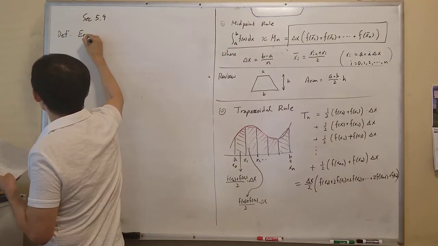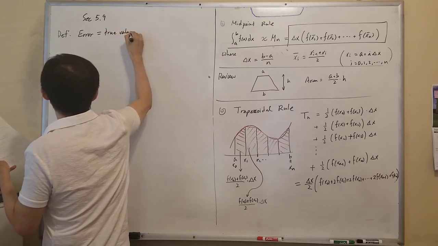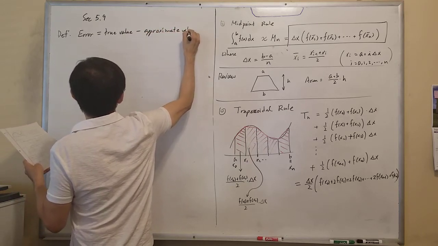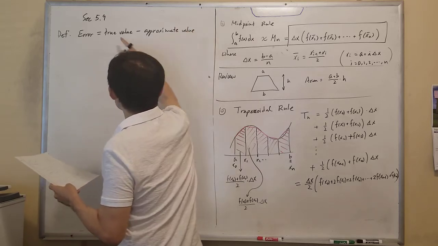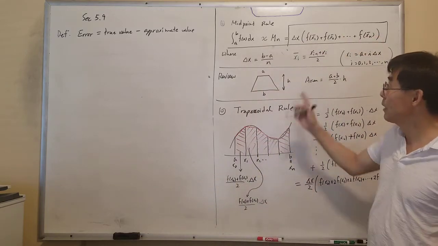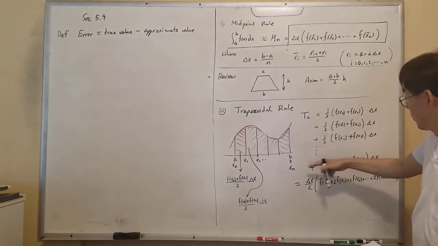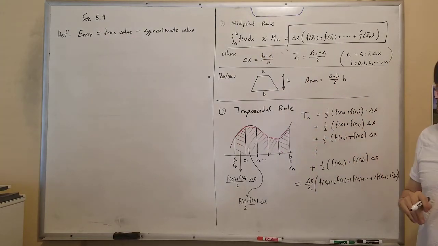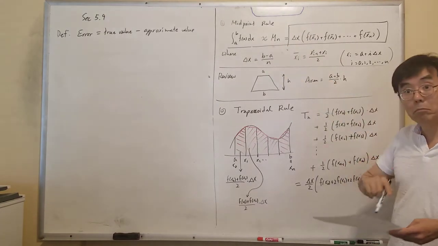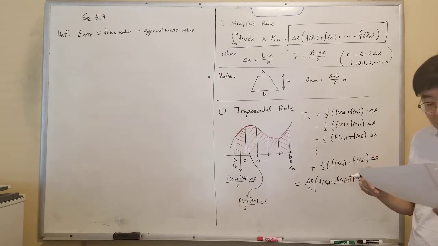The error is nothing but the true value minus the approximate value, like the exact integral value minus the midpoint rule value. That would be the error from the midpoint rule. Now, the true integral value minus the trapezoidal rule value will give you the error for the trapezoidal rule. And the larger the n, the smaller the error we expect.